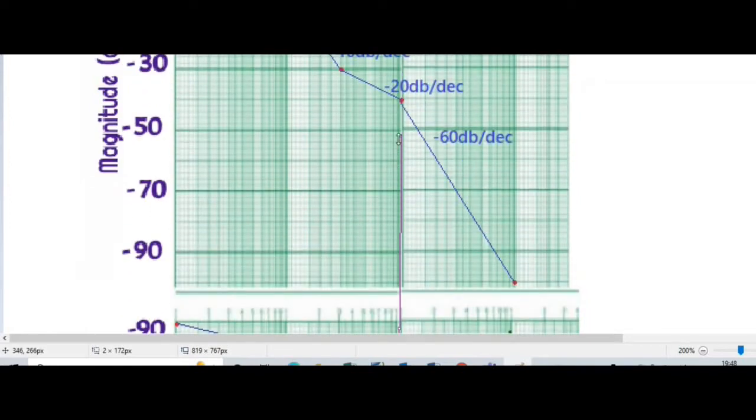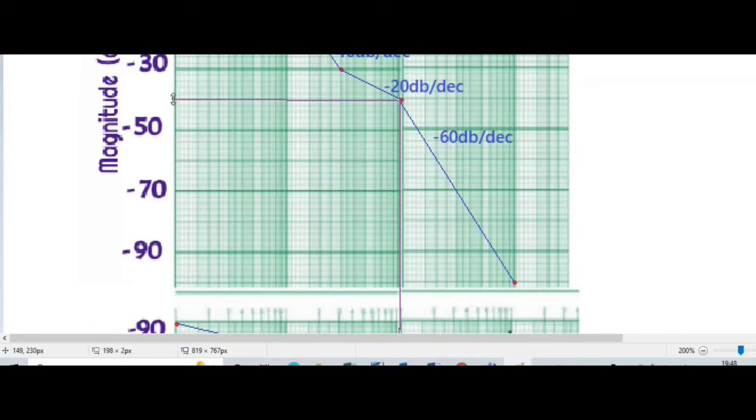And again it will intersect at a particular point on the magnitude plot. Now we have to draw one horizontal line from this point of intersection. This is the horizontal line.